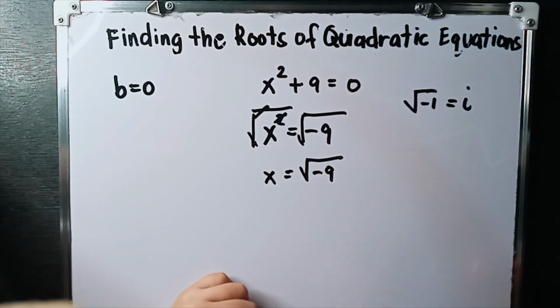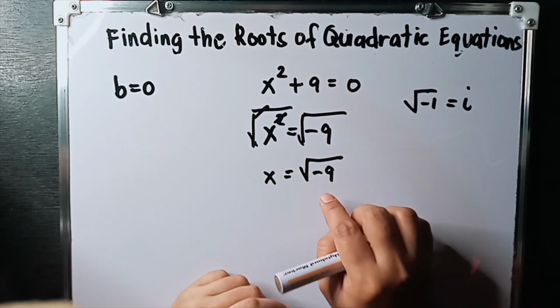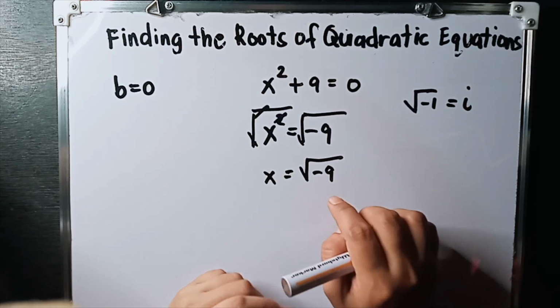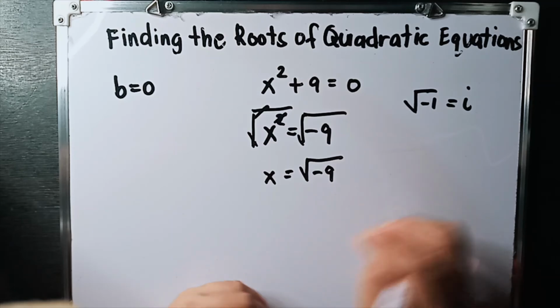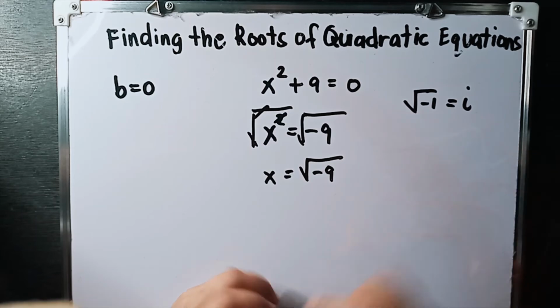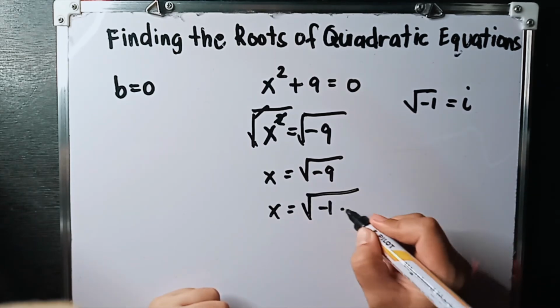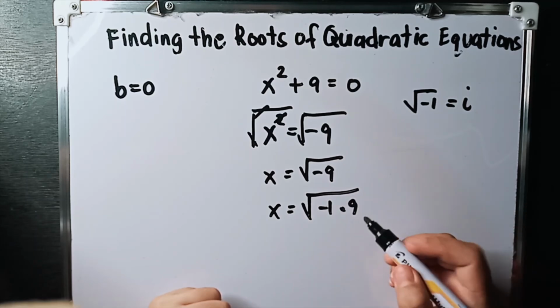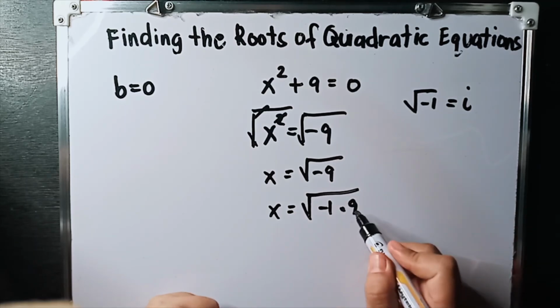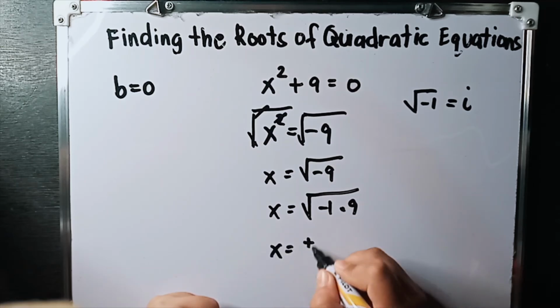Kasi you can never think of possible factors ni negative 9. O, same number na kapag ka pinag-times, magiging negative 9. Imposible yan. Kaya meron tayong imaginary dito. So, x equals negative 1 times 9. Okay? So, yung 9 natin is a perfect square. So, magiging x equals positive, negative.